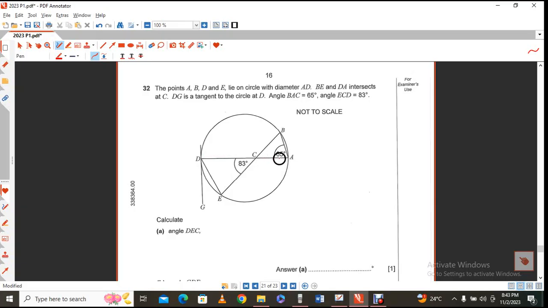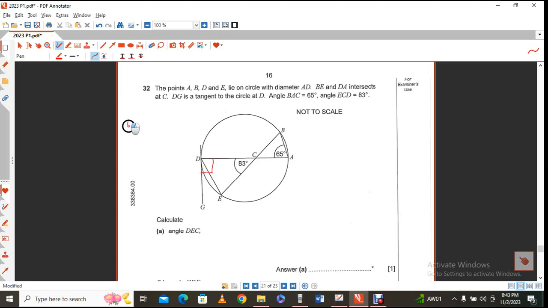But that is not a center, that is just a diameter line. The reason is that the diameter and this radius here make 90 degrees. The diameter and the tangent make 90 degrees. The angle between a tangent and a diameter is 90 degrees.